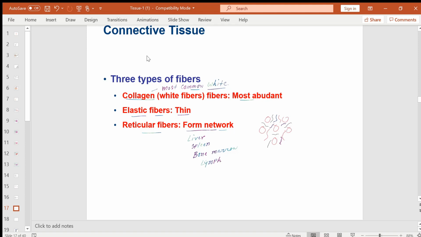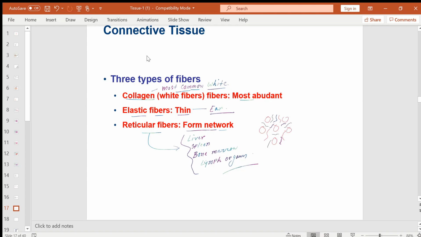Elastic fibers are in the ear, right? And collagen fiber is found in the ligaments, tendons, capsules, in those structures. So those are three types of fibers in the connective tissue.